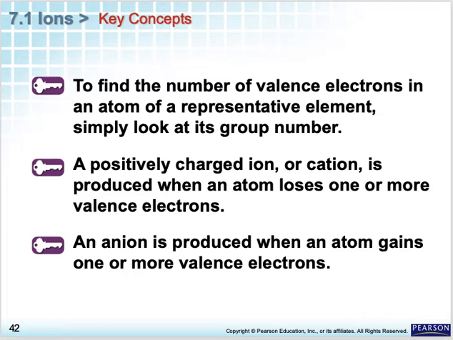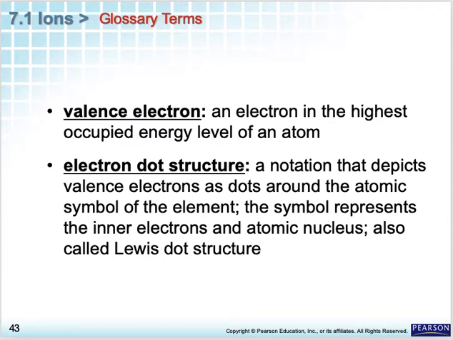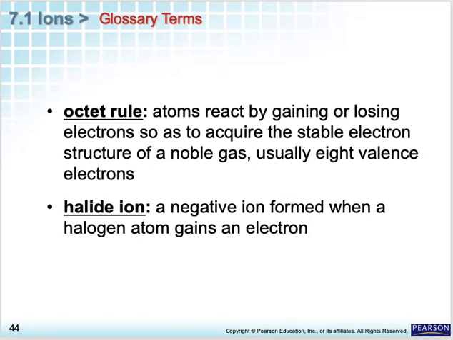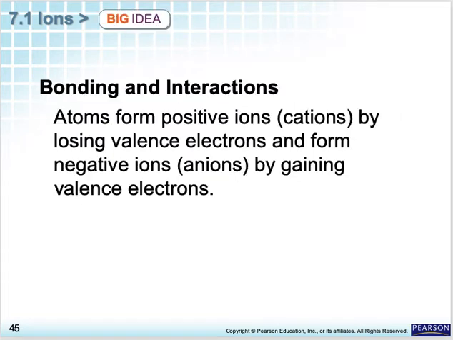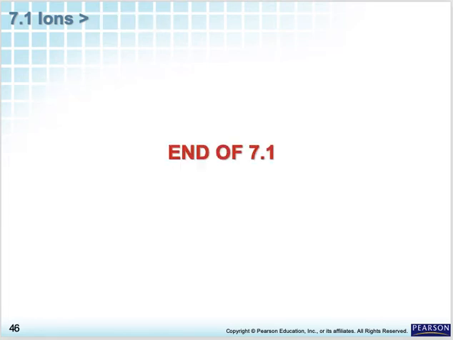An anion is produced when an atom gains 1 or more valence electrons to obtain an octet. So the vocab words are valence electron, electron dot structures, octet rule, halide. The big idea is atoms form positive ions or cations when losing electrons, and negative ions or anions are caused by gaining valence electrons.